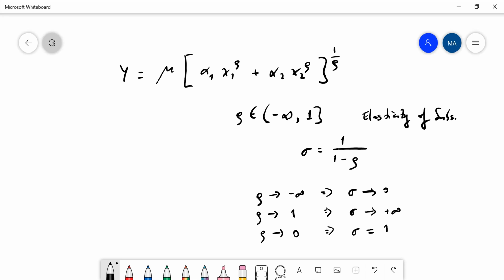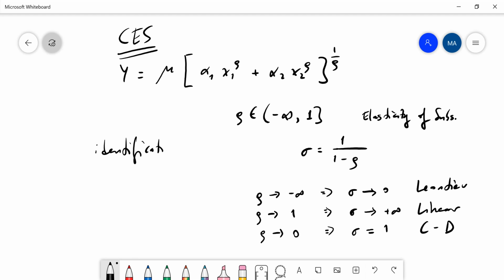So this is the Leontief production function, this is the linear production function, and this is the Cobb-Douglas production function. I will show you that we cannot identify all parameters in the case of CES. Here identification is kind of problematic, and I will show you this.